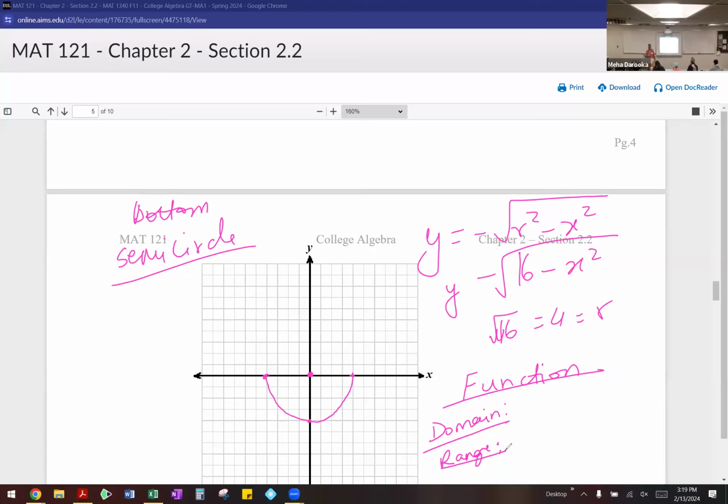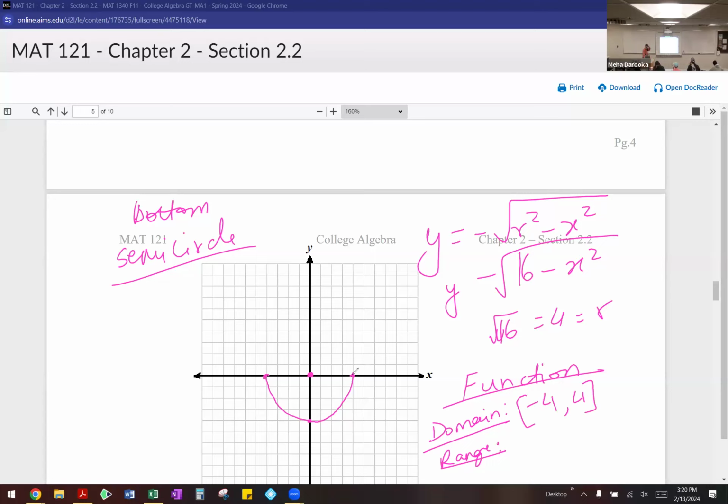For domain or range? Domain. Okay, and then what kind of symbols are you putting on -4? Brackets or parentheses? Brackets? Very good, because yes, you are including the endpoint because these points are part of your graph. Very good. Alrighty, what about the range, the y values?